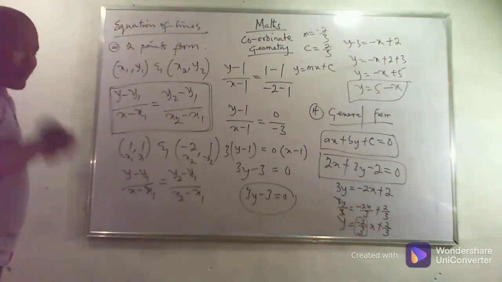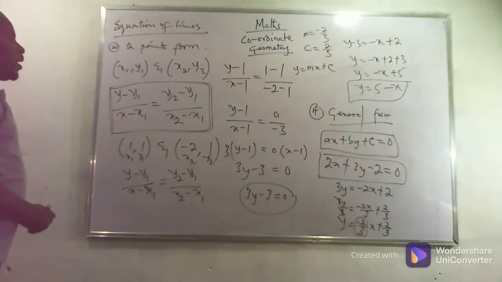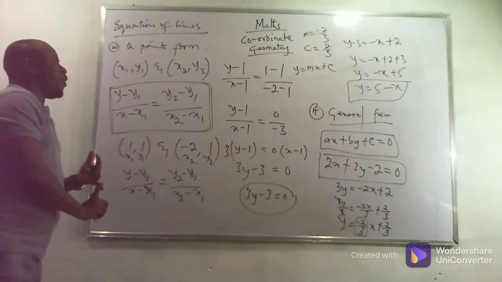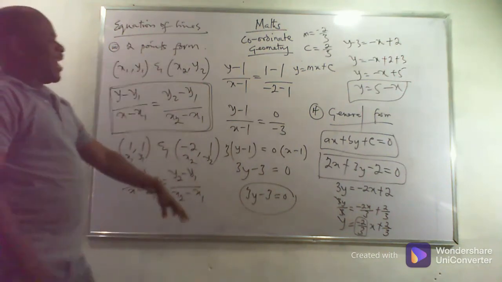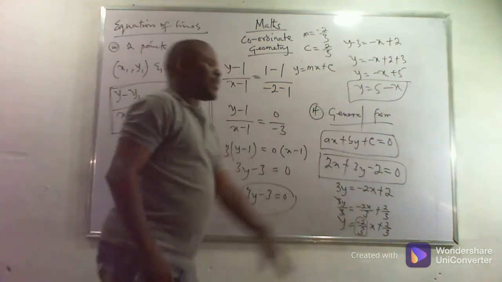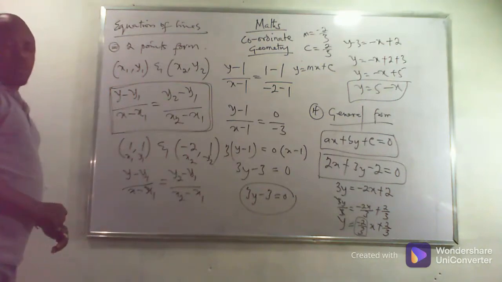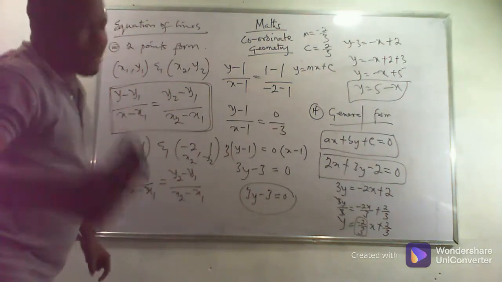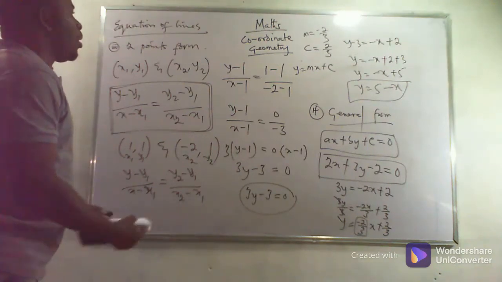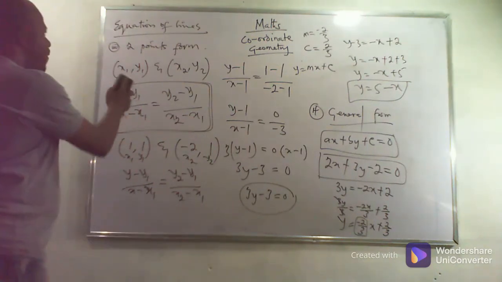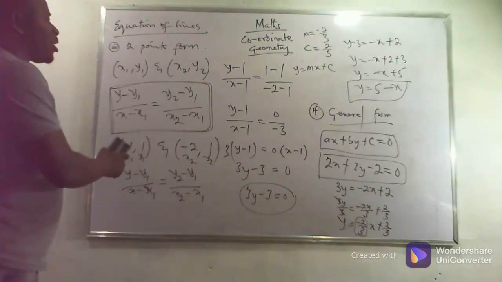So this is what we call the equation of a line: gradient intercept form, gradient and 1 point, 2 point form, and the general form. There was a question on it, though it's not very common for JAMB to set a question directly from this, except for the application of it.